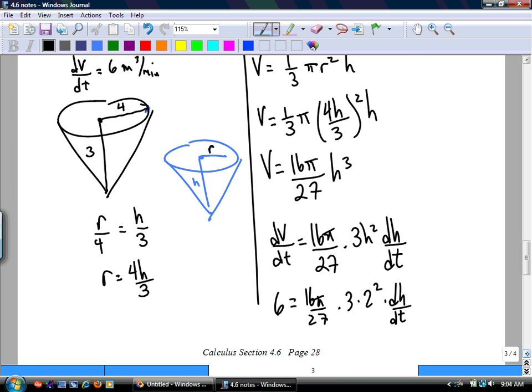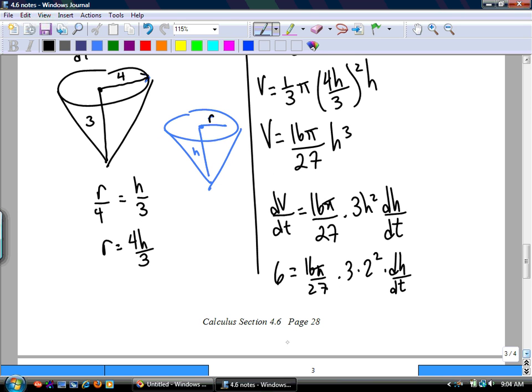Then it's just clean it up. I don't know, 6 times 27 divided by 16 times pi times 3 times 4. Whatever that is.